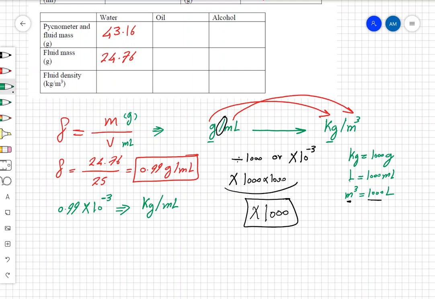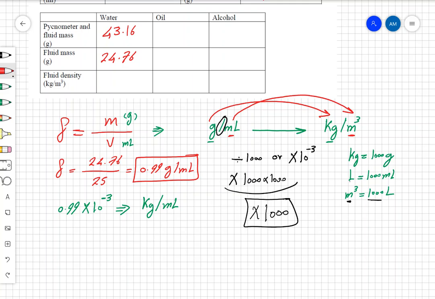But this is not what I want. I want it to be kilogram per meter cube. So then I will try to convert this milliliter to meter cube. The only trick here is that you want to convert the units which is divided by, not multiplied by.